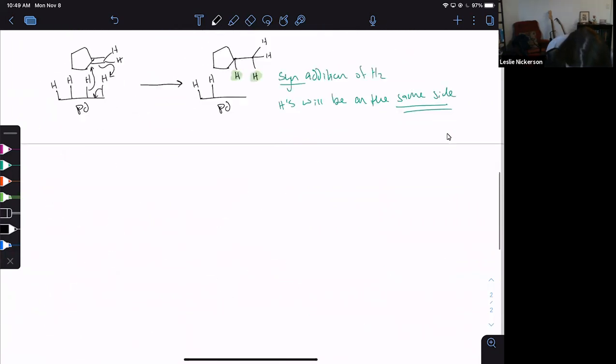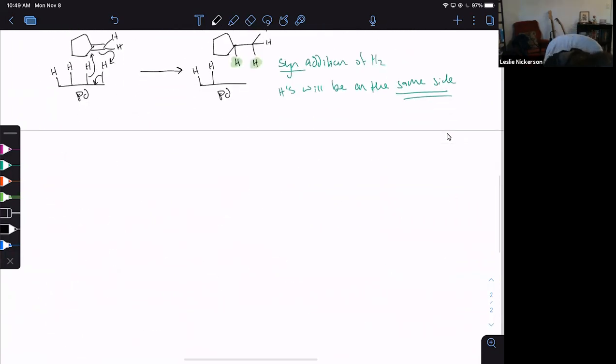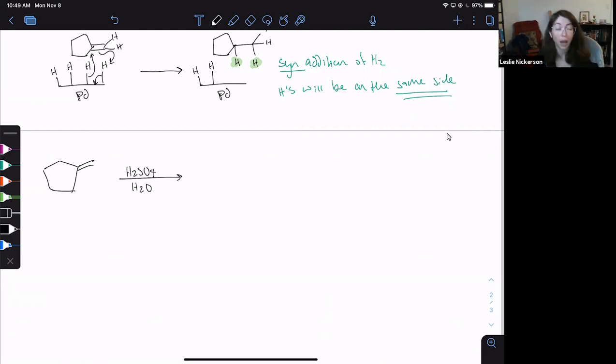hydration reaction. So this is using reagents that we are a little bit more familiar with.